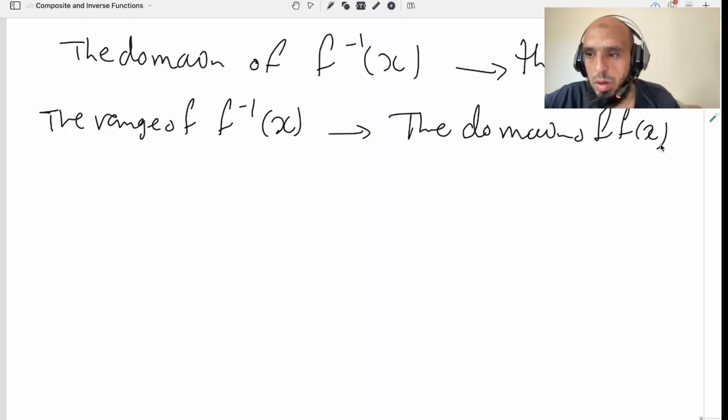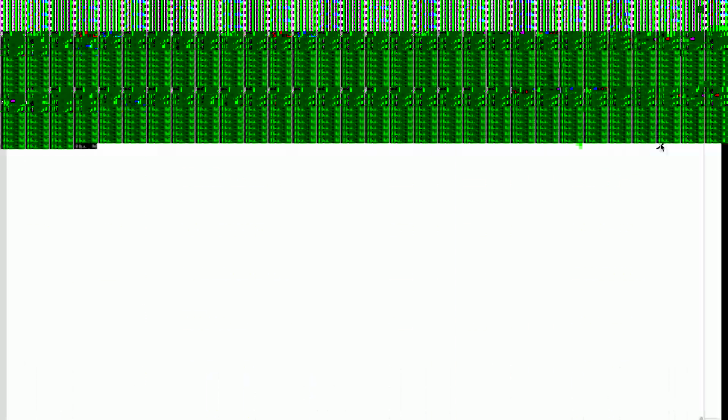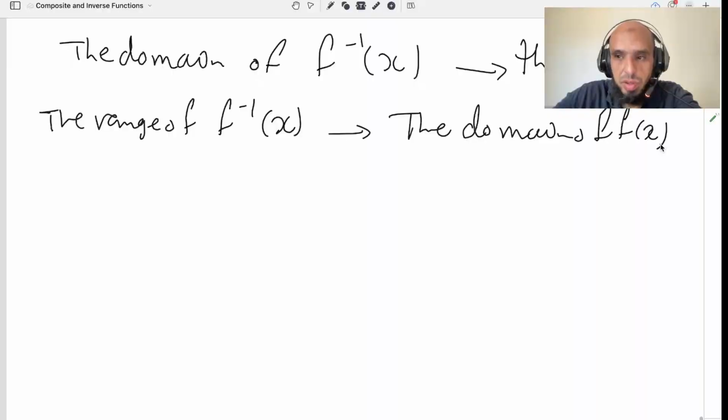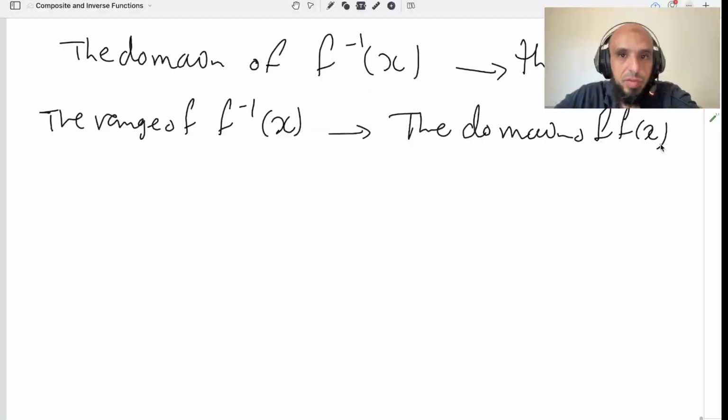And one important note is that not every function has an inverse function, and as we said, only one-to-one functions have inverse functions, but all functions have inverse relations.